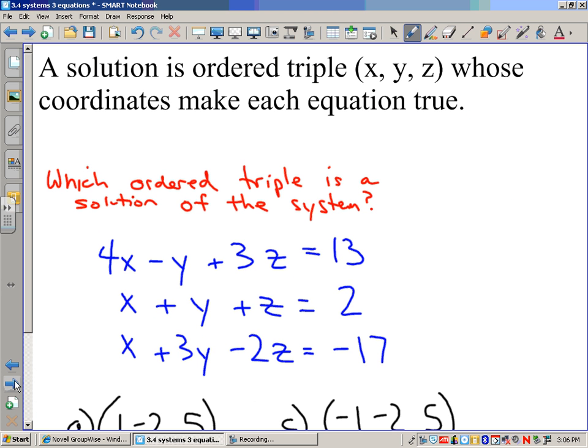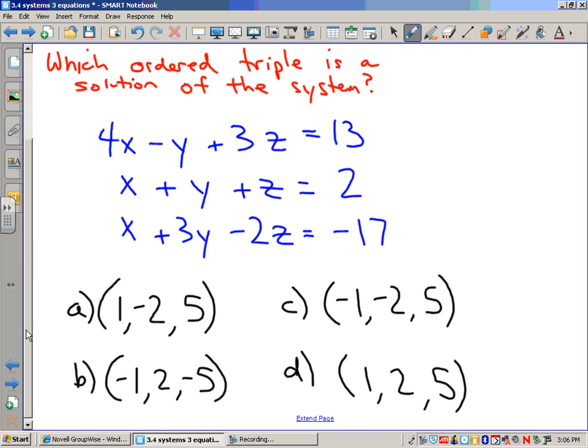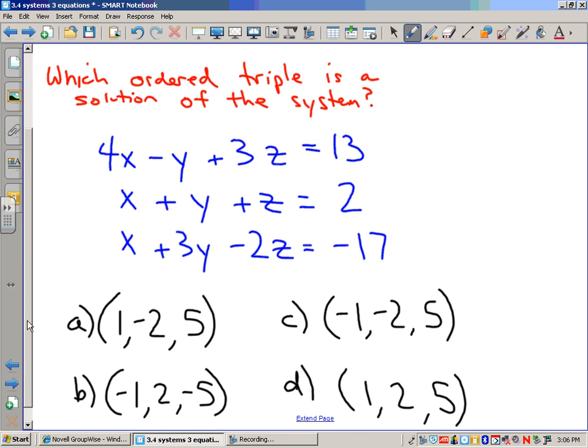Now, just like you check 2 equations and 2 unknowns, for you to decide if an ordered triple, your answer now is going to be X, Y, Z, for you to decide which one is your answer, you would plug the point in, and that point would have to work in every single equation. So the minute you know the point didn't work, it's not going to work.